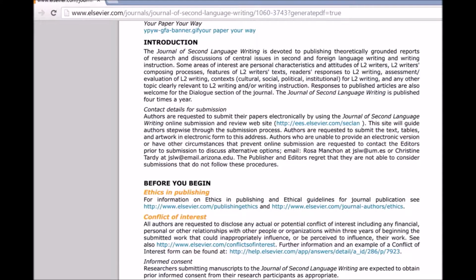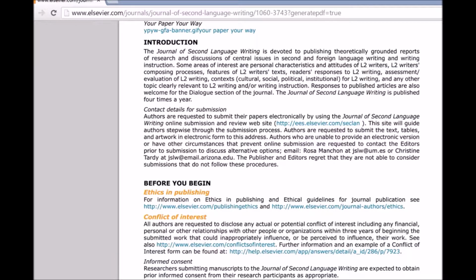And as we go down, it presents a more detailed description of the journal, what it's looking for. So it talks about theoretically grounded reports of research and discussion of central issues. So that gives you a sense that it's not simply reporting data, but some kind of larger theory that you want to develop about these topics.